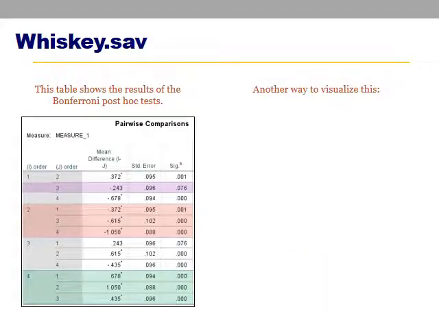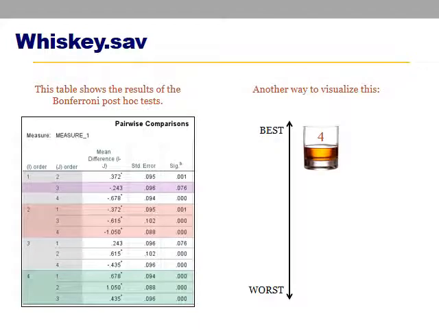Another strategy for making sense of these post hoc test results is to try to visualize the order of the groups in terms of a ranking. Here I've created a little scale that ranges from best to worst. Now, we've already seen in the green highlighted area that whichever whiskey people drank fourth, they liked better than the first, the second, and the third.